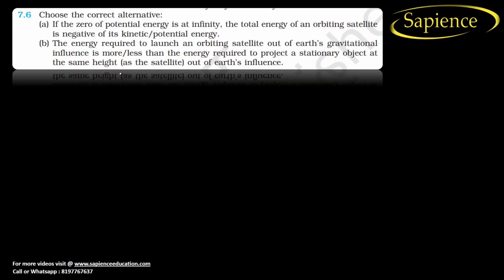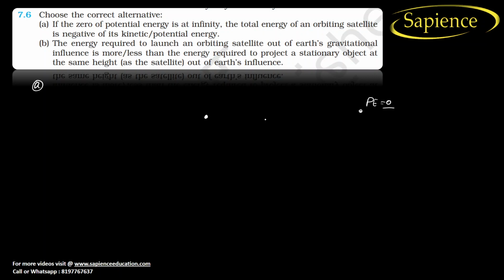In this question, they're telling us to choose the correct alternative. First: if the zero potential energy is at infinity, the total energy of an orbiting satellite is negative of its kinetic or potential energy. Let us consider that at any point at infinity the potential energy is 0.